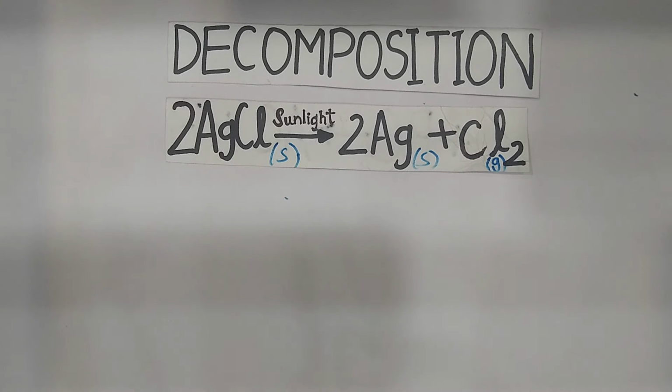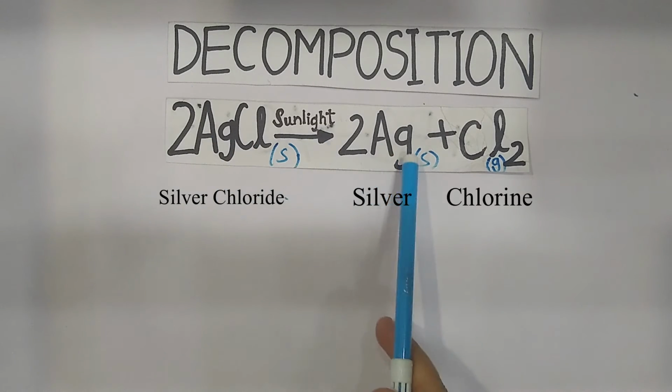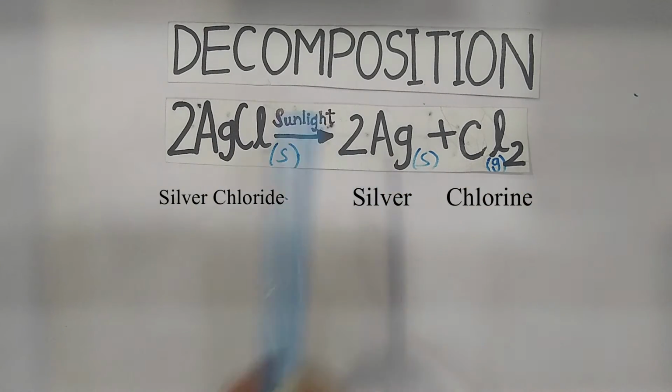That is taken and put under the sunlight, because of which we are getting smaller compounds, or as in here, elements. So it breaks down to give us Ag and Cl2 in the presence of sunlight. That is an example of decomposition.